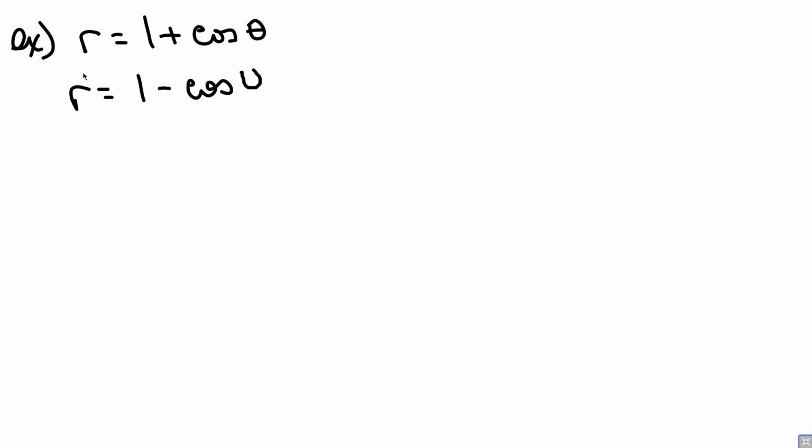The two cardioids that we have are r is equal to 1 plus cosine of theta, and the second one is r is equal to 1 minus cosine of theta.